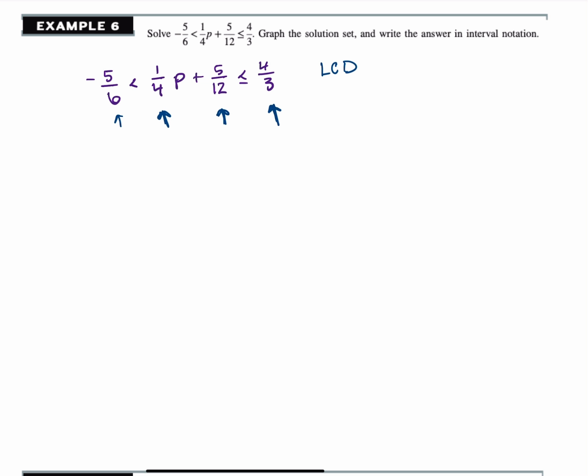So I can turn everything into a 12. That's going to be our least common denominator. That would be like the common denominator I would want to produce if I were adding and subtracting these fractions together. So this LCD is 12. So I'm going to multiply everything by 12 to clear the fractions.